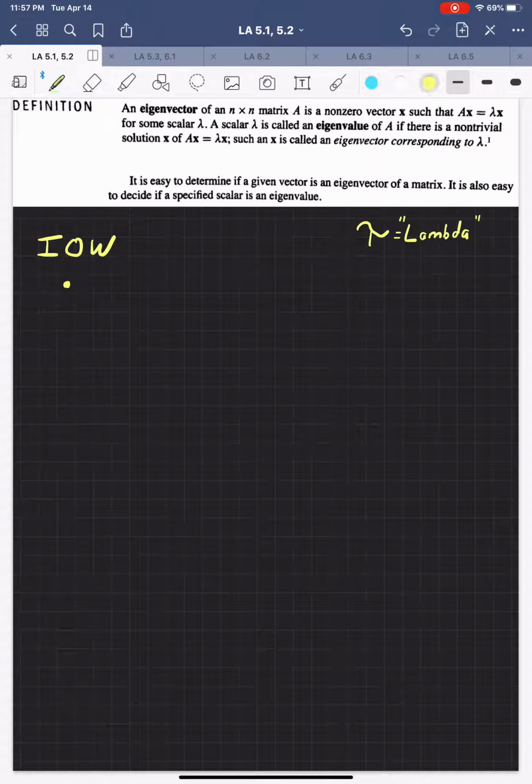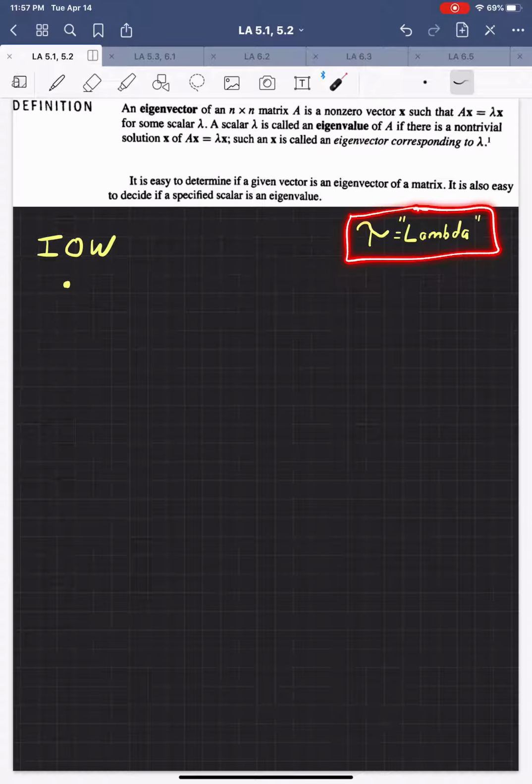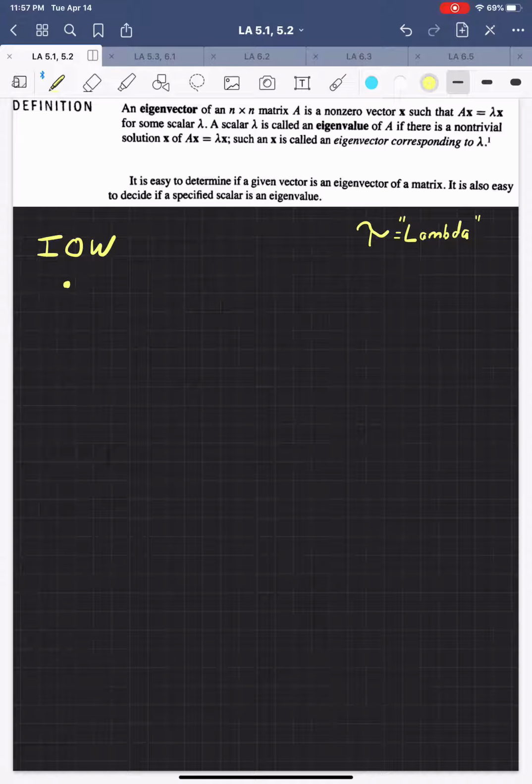And what I have captured off to the side is IOW, in other words. This notation is what we read as lambda. And I'll capture notes from this definition as we proceed.